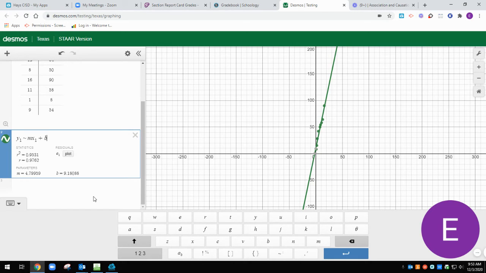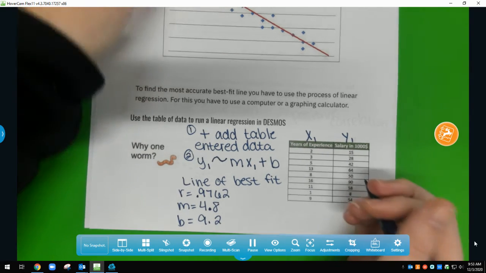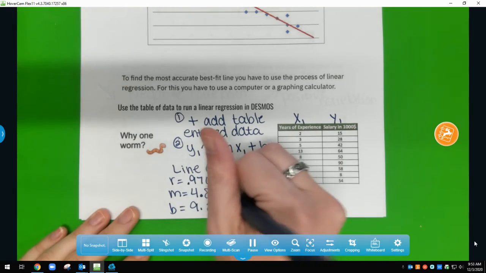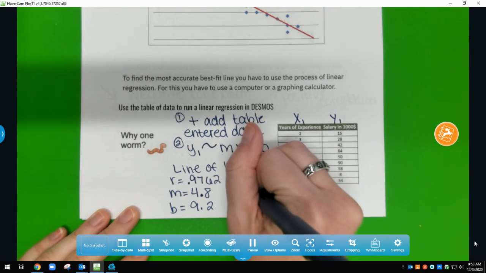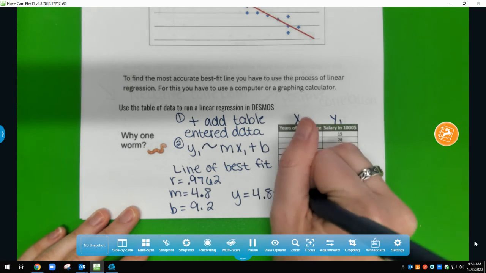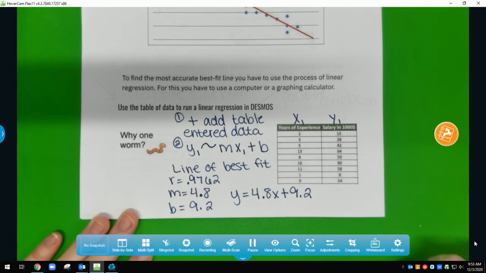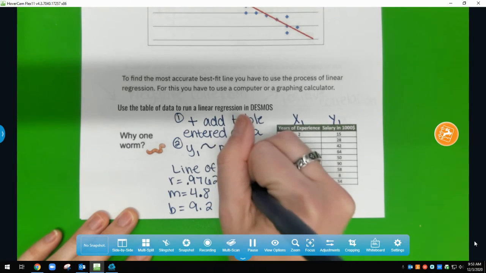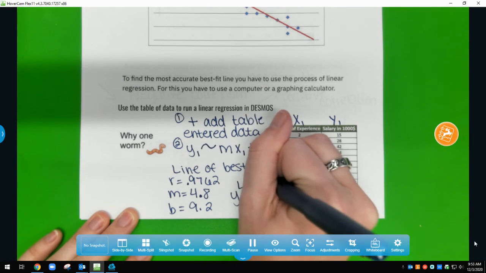And then they gave us our M, which we'll round to 4.8. And they gave us our B. So B is 9.2. So if I write my equation for my line of best fit, I'm going to get y equals 4.8x plus 9.2. So this is going to be my line of best fit.